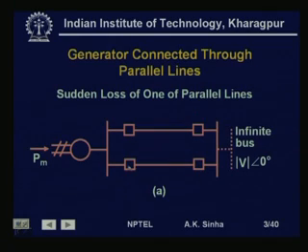So, suddenly if we remove this line, how is the system going to behave? Because when we remove this line, the total reactance, or the total impedance, between the synchronous machine and the infinite bus will change, and therefore, the power flow pattern will also change. Electrical power output will change because of this situation.